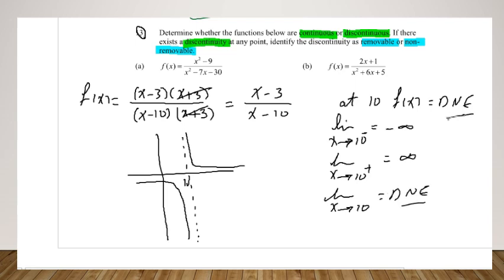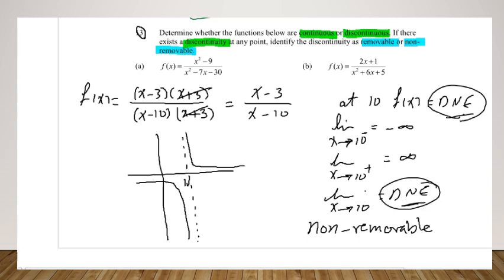The function does not exist and the limit does not exist. So this one is a discontinuity which is not removable. This is an infinite discontinuity, so it's non-removable. Why? Because it's an infinite discontinuity. I can't figure out the function or the limits.